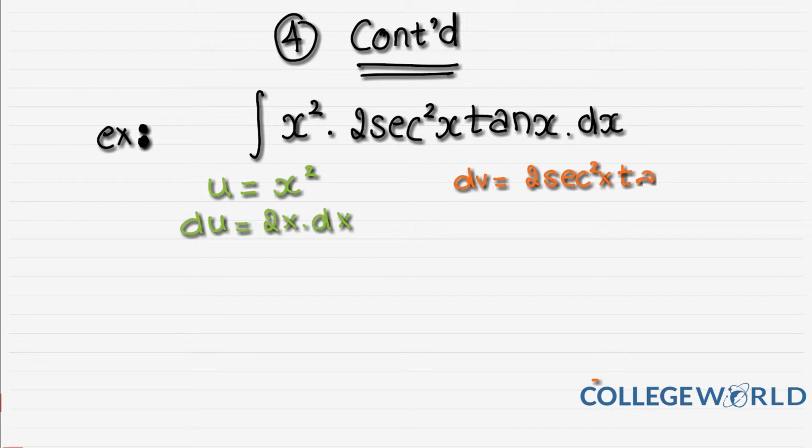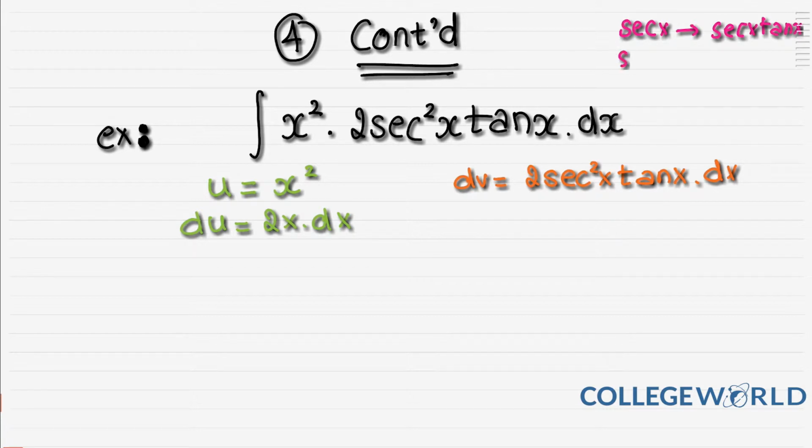Now, when you come across that, you want to remember your identities or your differentiations. If we differentiate sec x, it's going to give us sec x tan x. Now, what do we differentiate to get 2 sec squared x tan x?